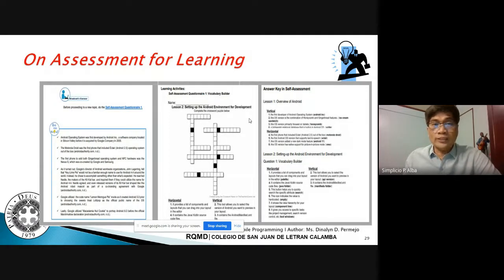And depending on the agreed format, assessment presentation in the module may vary based on schools or programs' peculiarity or uniqueness. And here's to show you a sample of assessment activities from CSIT on mobile programming, authored by Ms. Permejo.